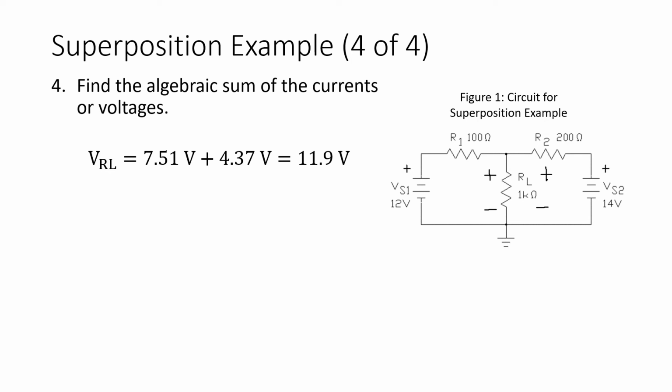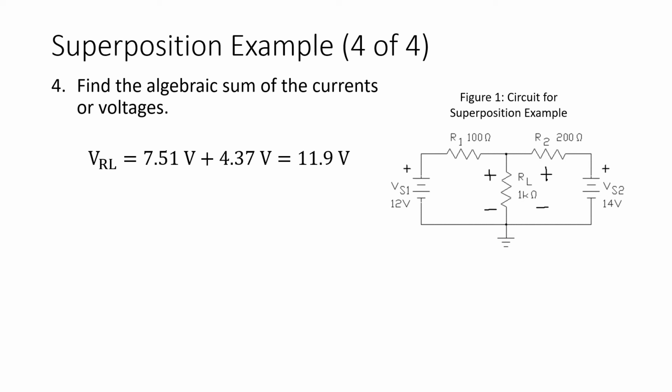So these two voltages, 7.51 volts and 4.37 volts, are additive. So the resulting voltage across RL is 11.9 volts.